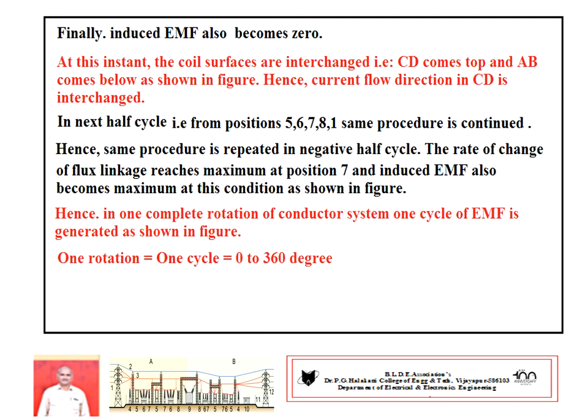Hence, this is known as one rotation. In one rotation of the system, one cycle of AC can be generated, as observed from the induced EMF waveform. First understand, one rotation means one cycle, from 0 to 360 degree or 0 to 2 pi radians.